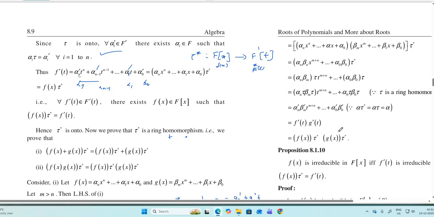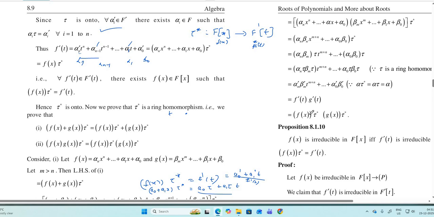You can compute this separately and show that it is the same as this. So you have this to be the image of f of x under tau star, and this is the image of g of x under tau star. So we have established that tau star, which is a mapping from this to this, is one to one, onto, and a homomorphism. We defined it and showed that it is well defined also.